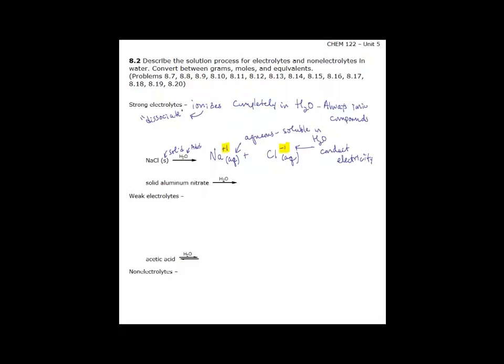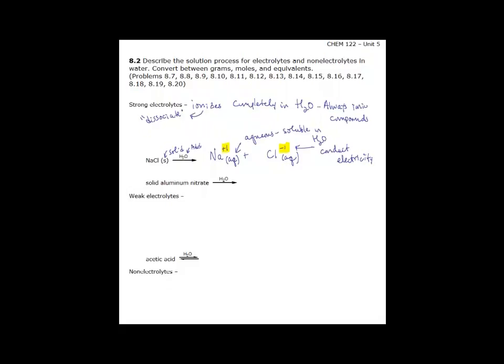If you dropped your hairdryer in this solution of sodium chloride, electricity would be conducted. If you were standing in this, you would get electrocuted. Hopefully your GFCI outlet would click off and nothing would happen. But, just to give you an idea of what I mean when we're talking about ionize or dissociate. Now in lab, we have probes that can determine how much electricity is conducted. And it can tell you whether you're dealing with a strong electrolyte, a non-electrolyte, or a weak electrolyte.